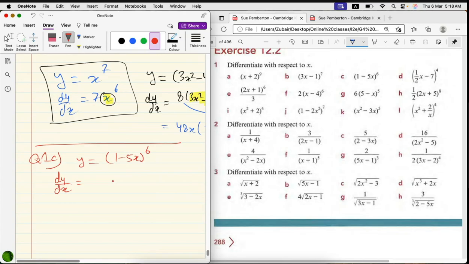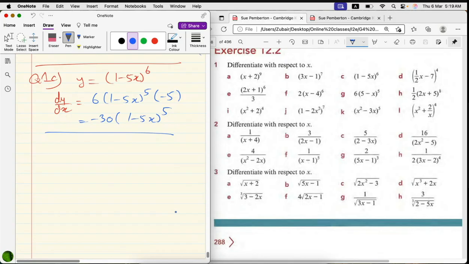Negative 31 minus 5x to the power of 5. Yes, I suppose. This is power comes down, one less than power, and differentiation of inside is minus 5. Yes. Negative 30 times (1 minus 5x) raised to power 5. Very good.